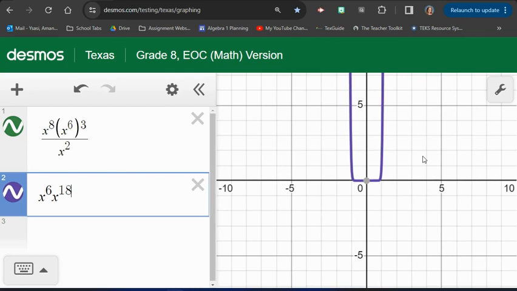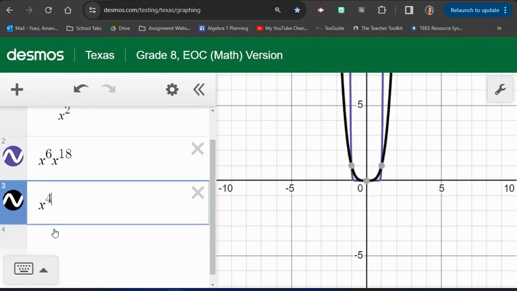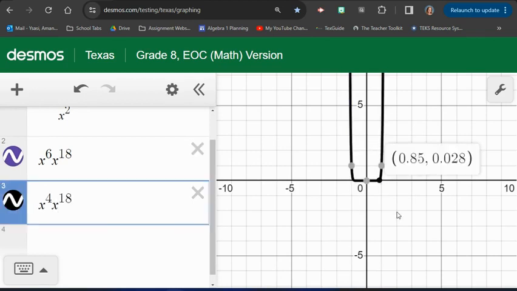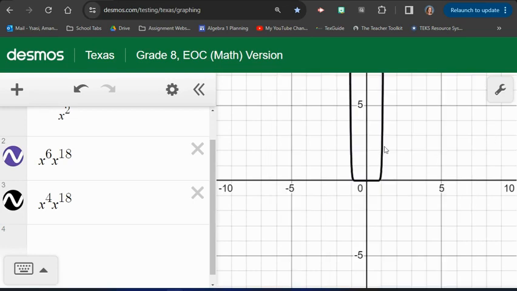If you zoomed in, did it tell you they were the same? Or was it different? Oh, okay, so B didn't work. X to the 4 and X to the 18. So you zoomed in. How do I zoom in? I am zoomed in, but not enough, right?